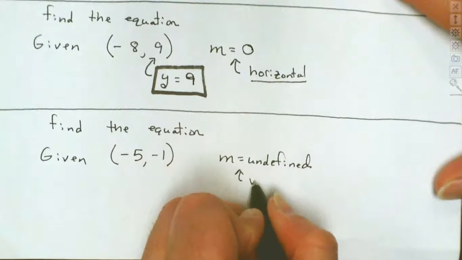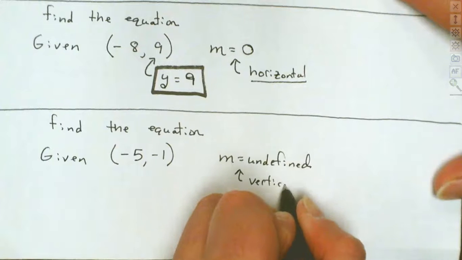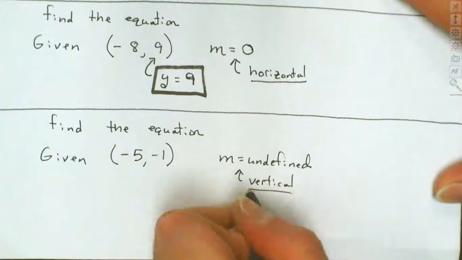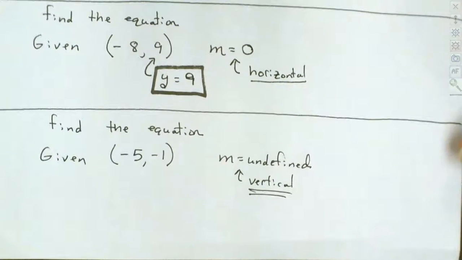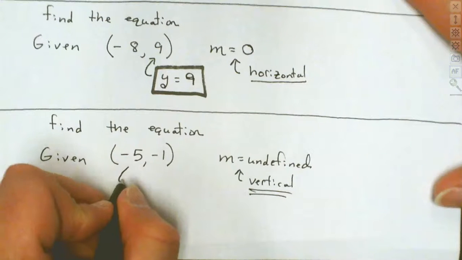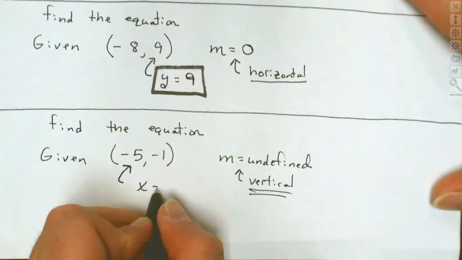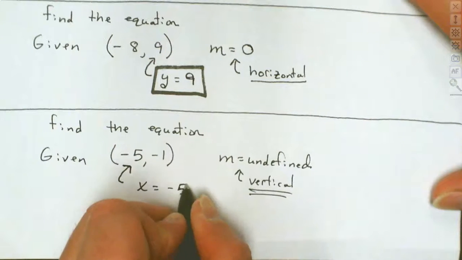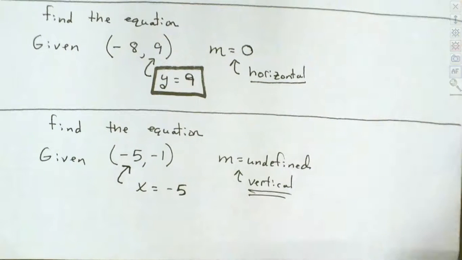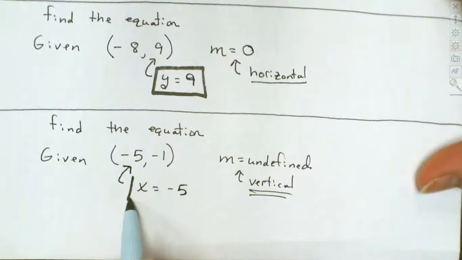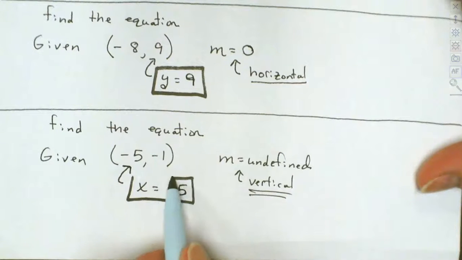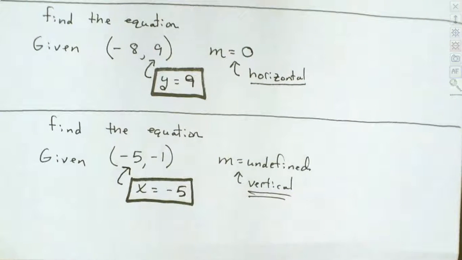Well, that means it's a vertical line. And if it's a vertical line, that goes up and down, so that goes to your x component. And what's the x component of this ordered pair? Negative 5. So if your slope is undefined, it's an x line. And in this case, your x line would be x equals negative 5. So watch out for those.